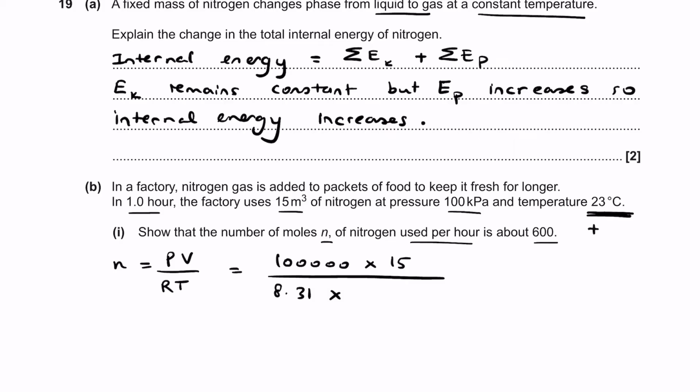So make sure you add 273 to it to make it into kelvins. So that would be 296 kelvins, and once I pop that in the calculator, I end up getting 609.8, which is fabulous because that is the same as what we wanted to prove.